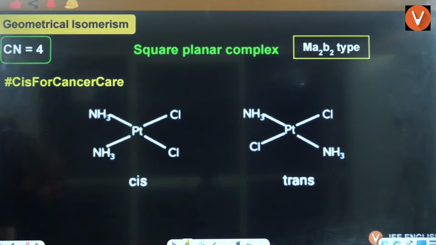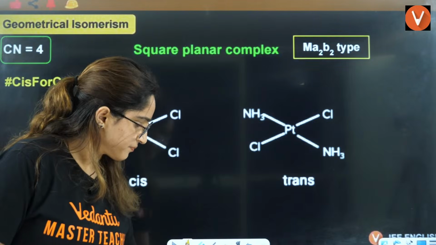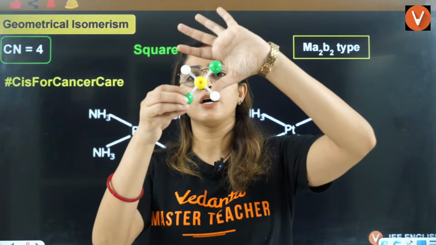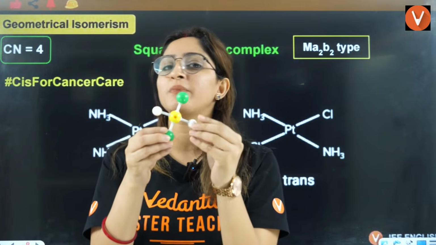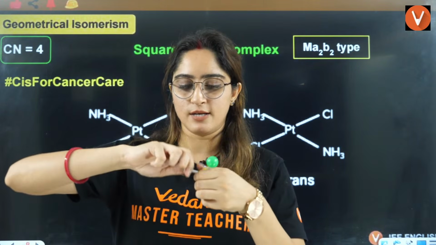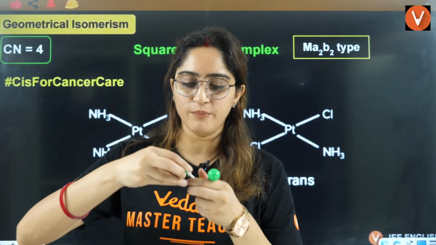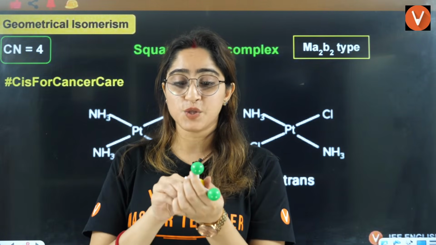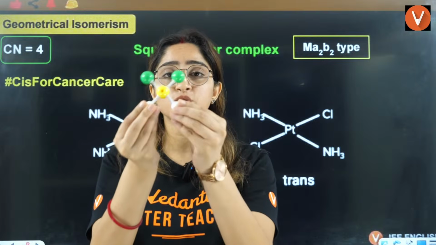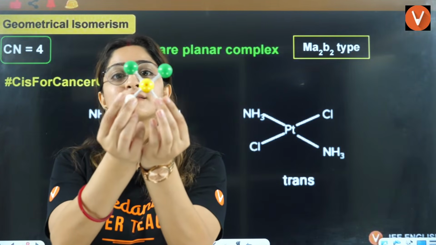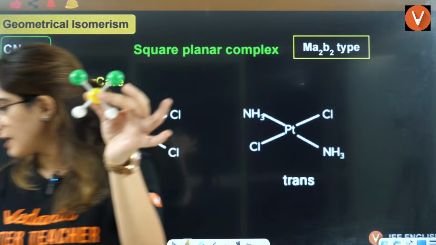Okay, so that is opposite. Opposite means trans. If I put this green atom next to green atom and this white atom next to white atom, so now this is a cis structure, right? They are next to each other.